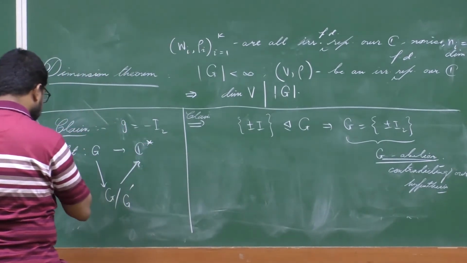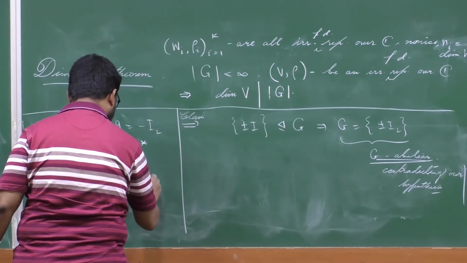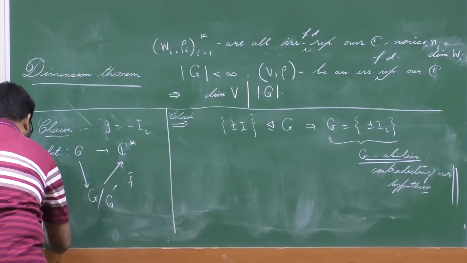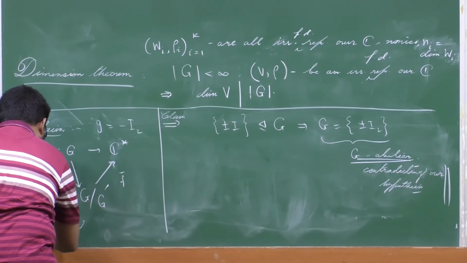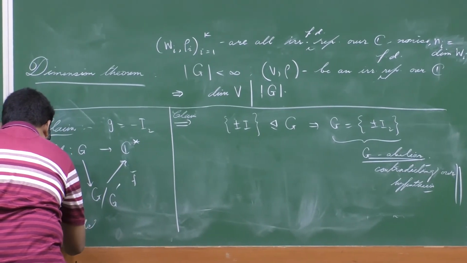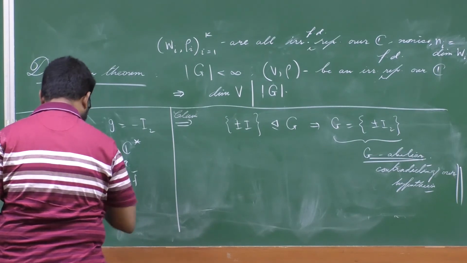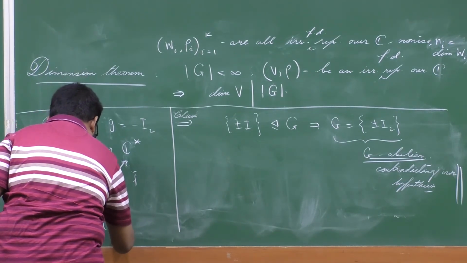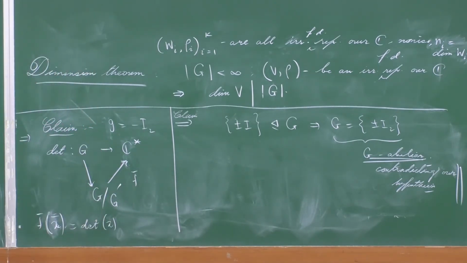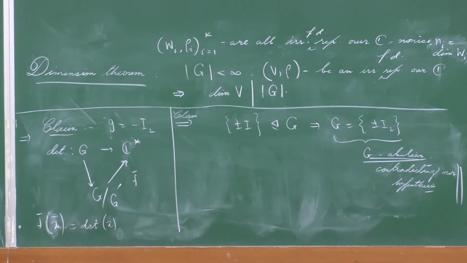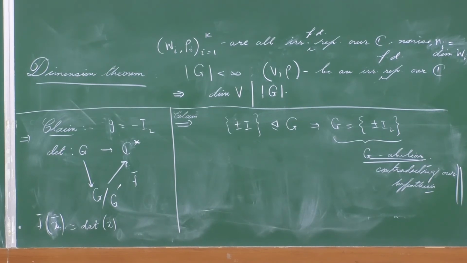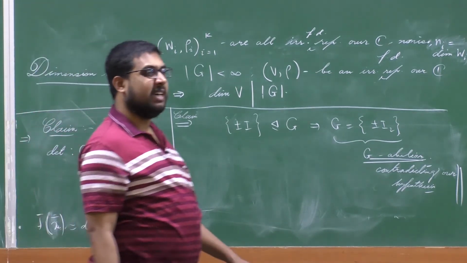So here we have a map, f bar of x is simply determinant of x, because whenever we have a map that factors through G modulo G prime. And what's the problem here?